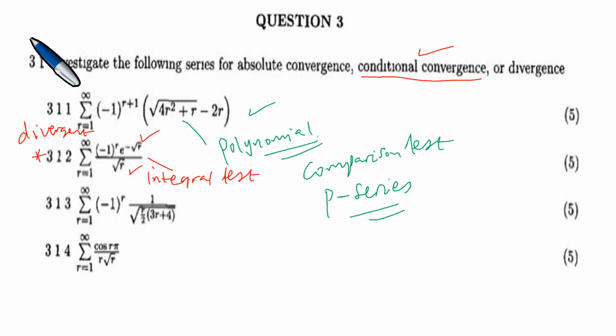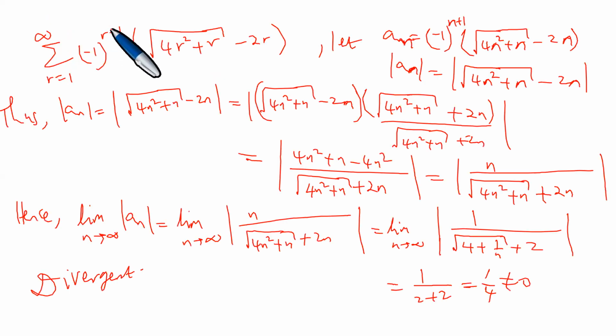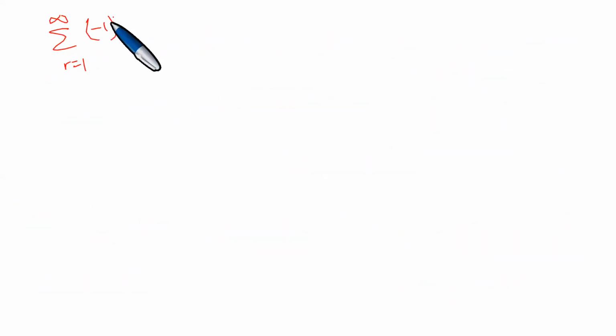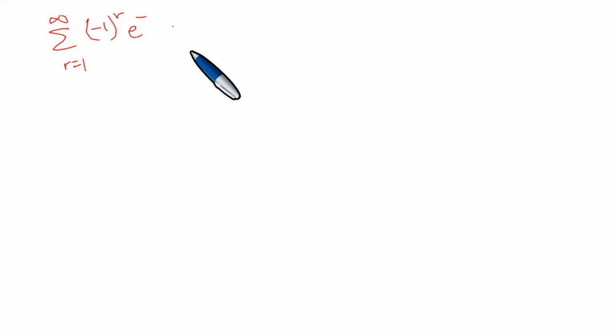Series, series 1 to infinity. So we have this series, which is -1 to the power r, which is minus the square root of r.